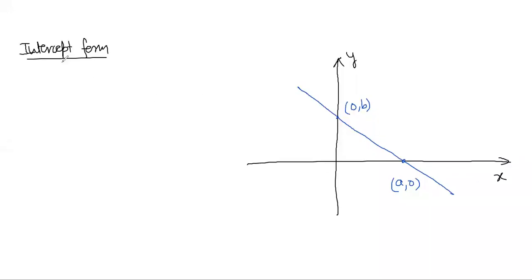Now the next form is intercept form. Suppose a line is given and the x and y intercepts of the line are given as a and b. So x intercept is a and y intercept is b. Now what will be the slope of this line?